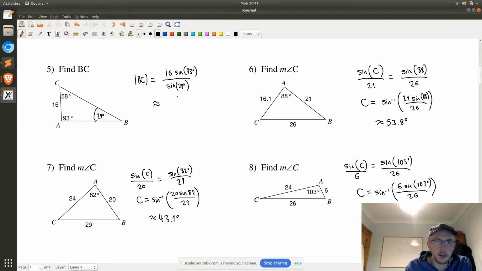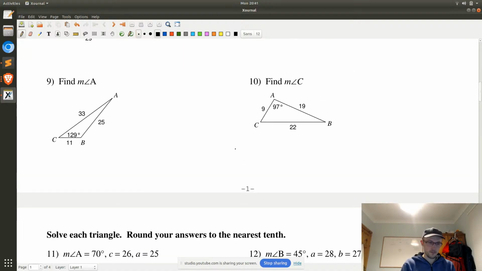You must care about accuracy. Okay. Find the size of angle A. So, supposedly, sine of angle A over 11 is equal to sine of 129 degrees over 25.